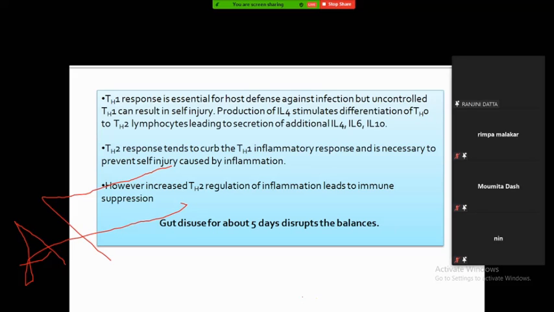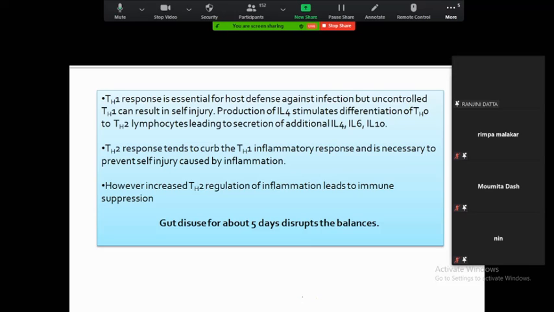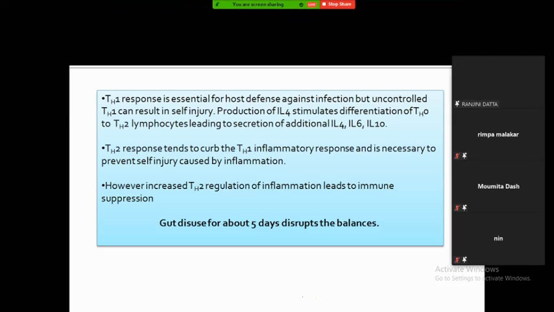But if there is enteral nutrition provided, then there is a separate pathway also which is stimulated. This separate pathway is done with the help of Th2 helper cells, which tend to curb the unnecessary over response of the Th1 cells, and thus prevent the self-injury.